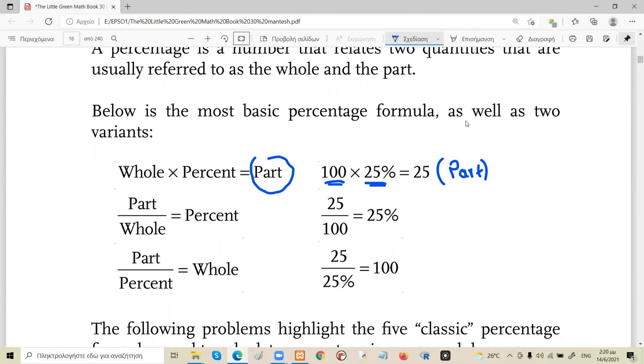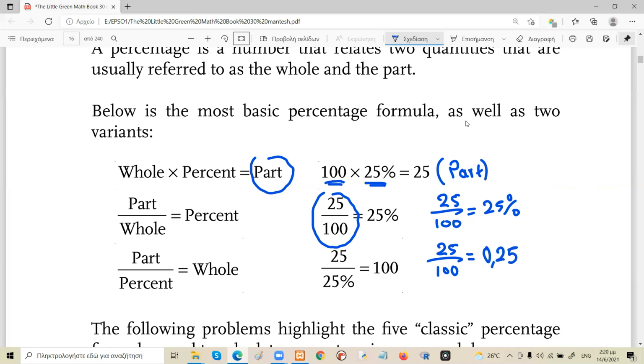If you want to change a fraction into a percentage, for example, 25%, 25 over 100, this is exactly 25%. Now, if you divide 25 by 100, with a calculator, you will get exactly 0.25. So what's the way to change this into a percentage?